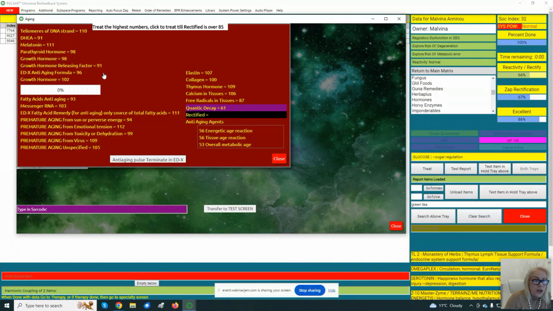And we can see here what hormones are disturbed or disrupted. Okay, so we can see melatonin. Melatonin is a hormone excreted from the pineal gland, and we see that it's reacting.